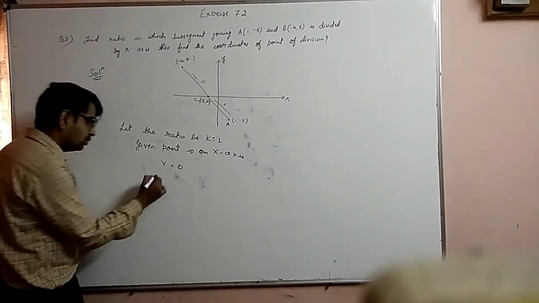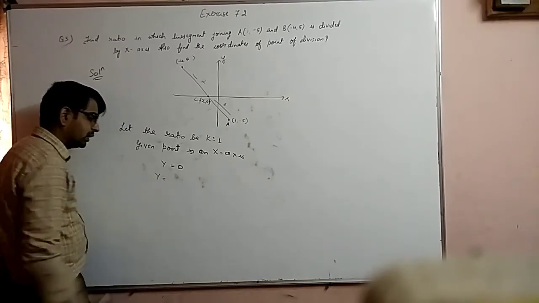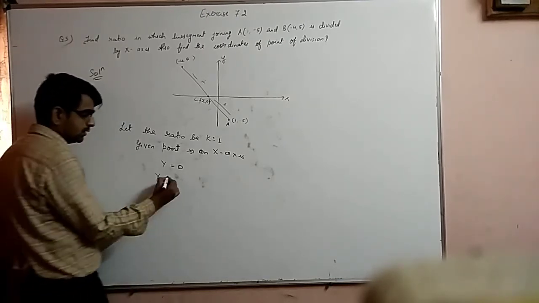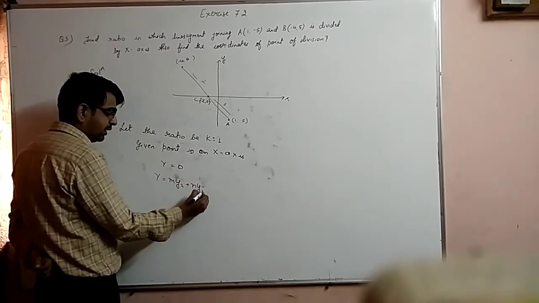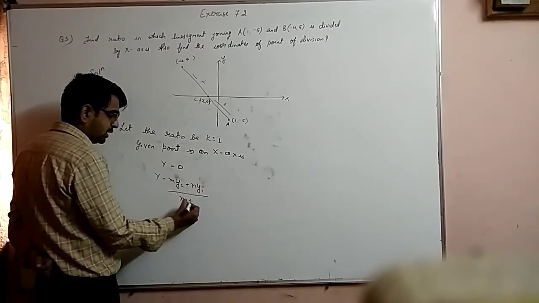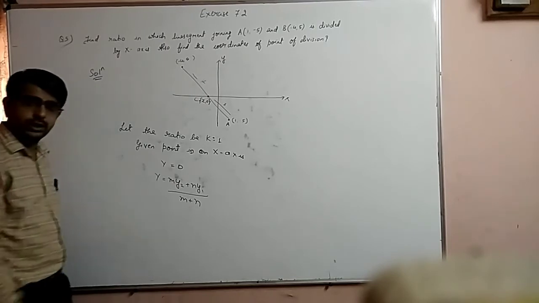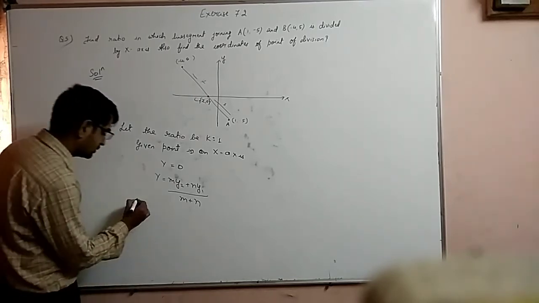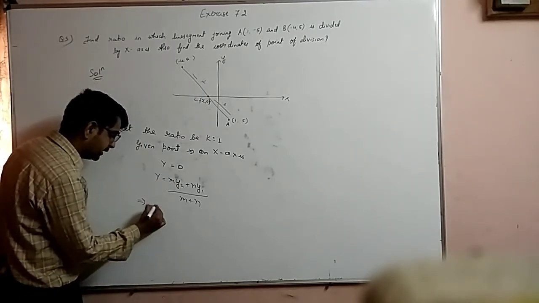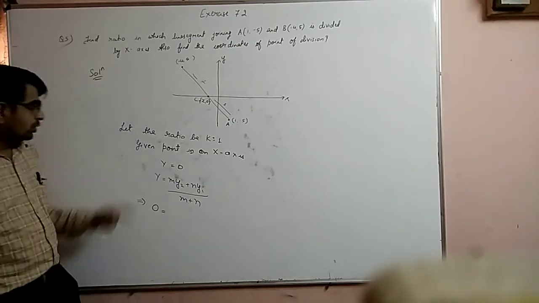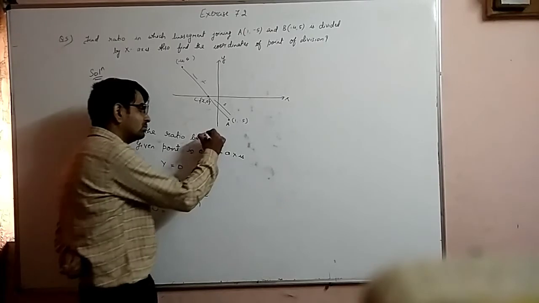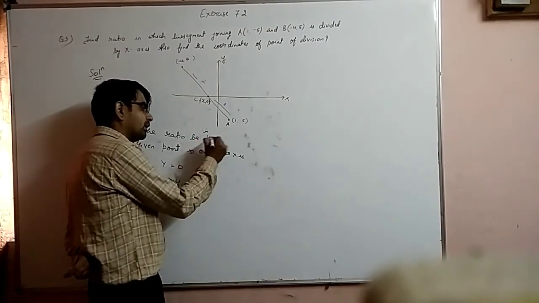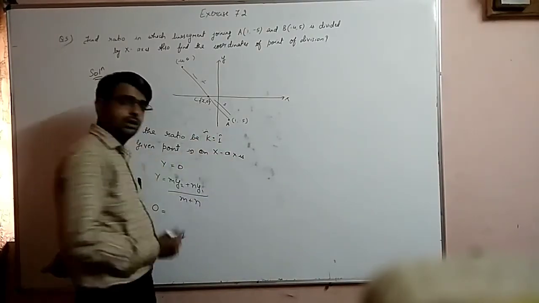Now, what is y according to the section formula? It is m y2 plus n y1 upon m plus n. Okay. Now see, this y is 0. The ratio we have assumed is k is to 1. So m will be k and n will be 1.